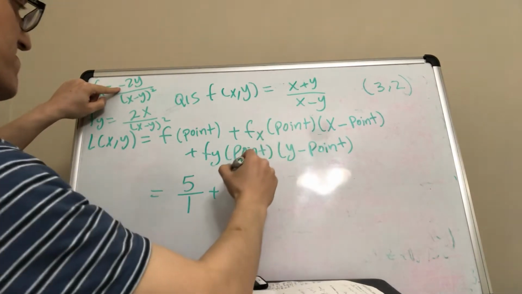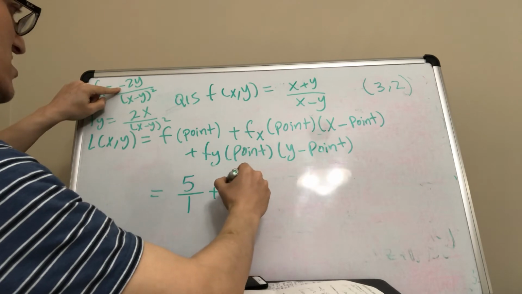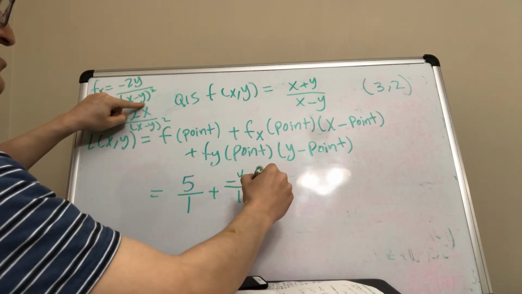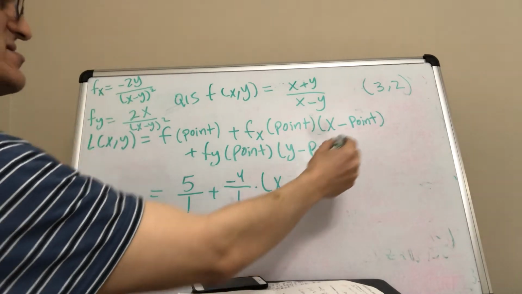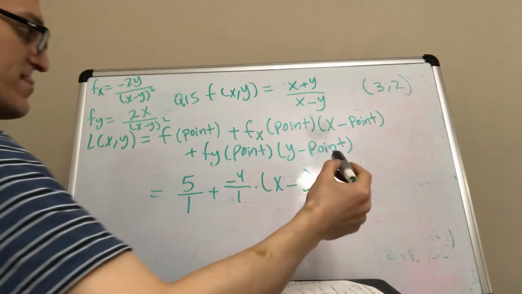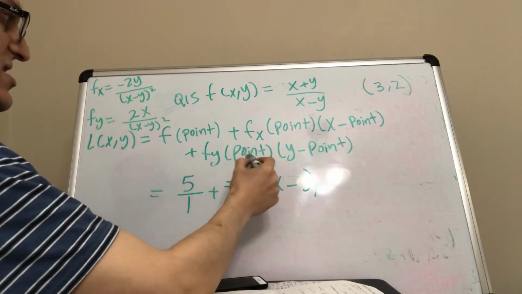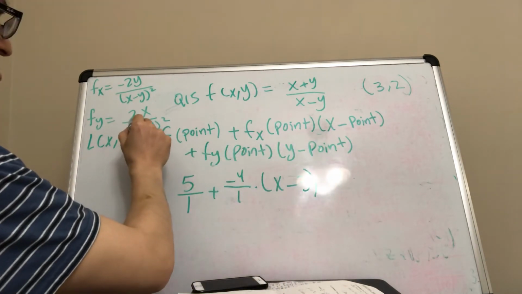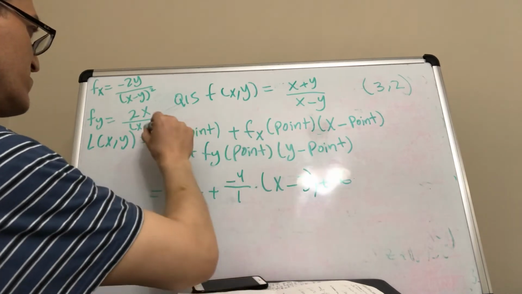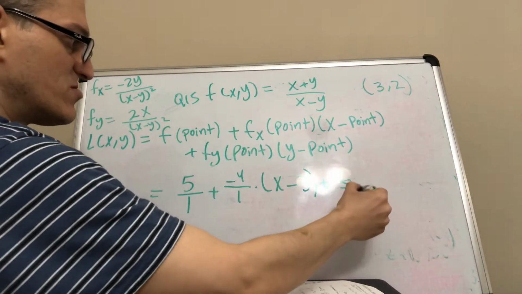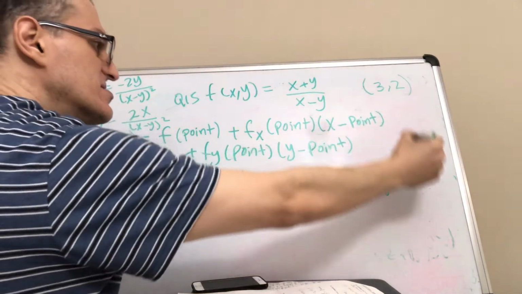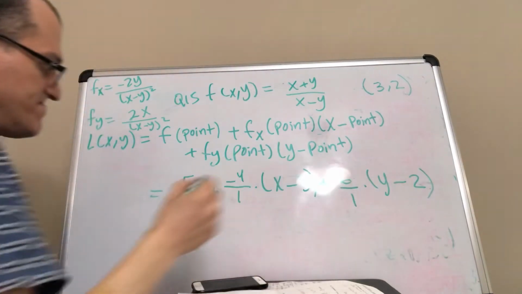That would be minus 4 over (3 minus 2) squared, 1, times x minus the x of the point, 3. Then you plug the point into the derivative with respect to y, so that would be 6, the bottom is 1 squared, 1, times y minus the y of the point.